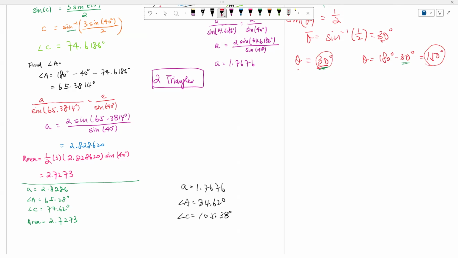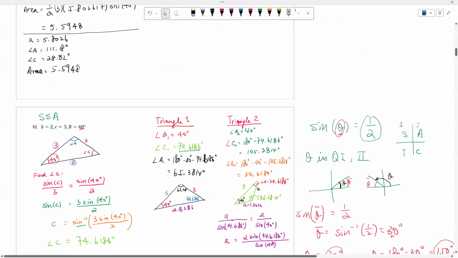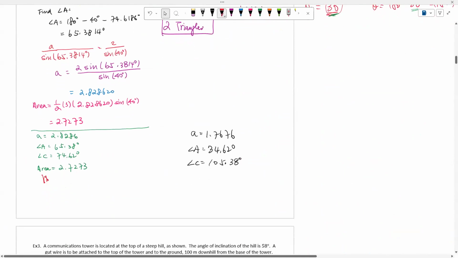Of course, to both triangles, we have B equal to 2, and then C equal to 3.